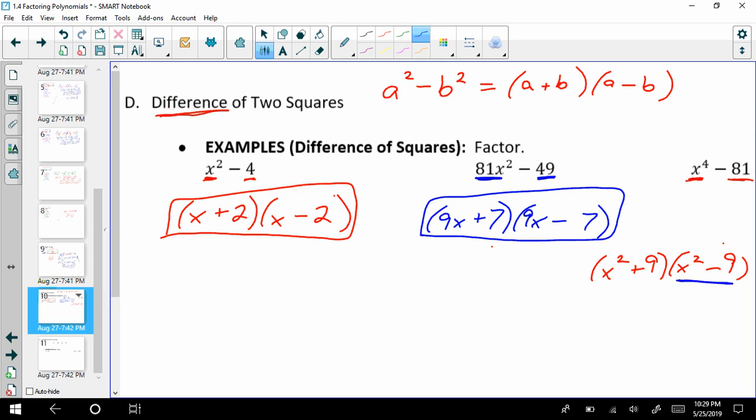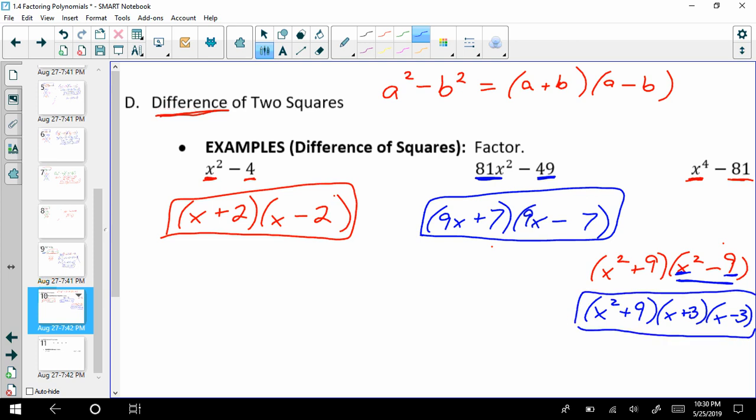And it's this one because I have a perfect square and subtraction. So that's going to be x and x, 3 and 3, plus minus, and then keep the x squared plus 9. So that one has 3 pieces to it.